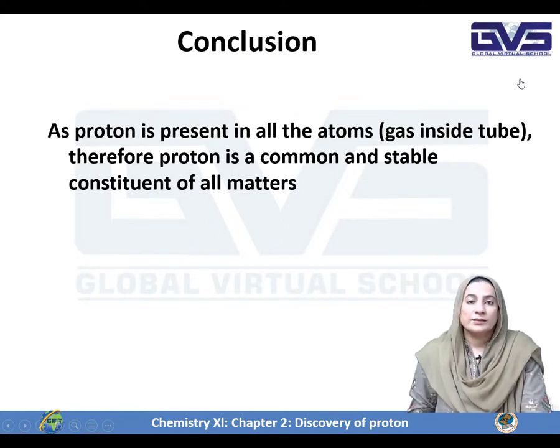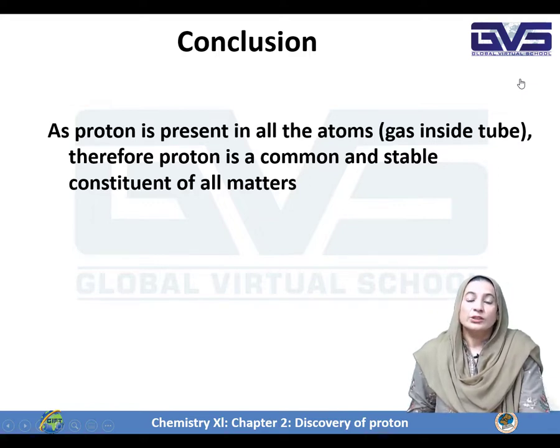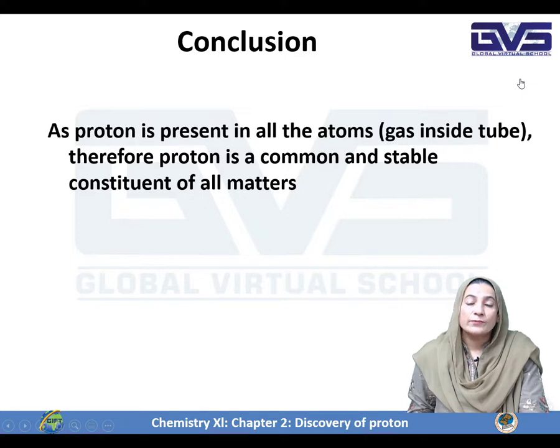Students, with this experiment and all the properties we have discussed, what do we conclude? We conclude that proton is present in all atoms, whichever gas you use in the discharge tube, they produce positive rays. So the hydrogen atom is basically a single proton.